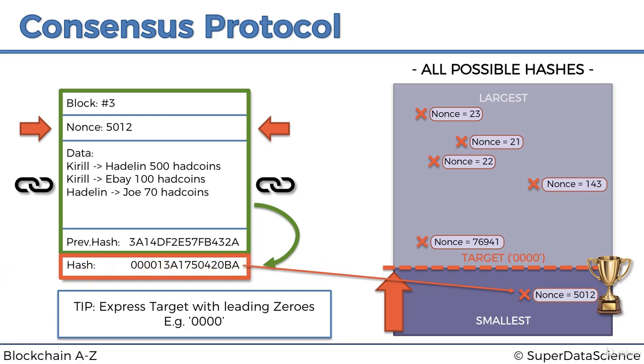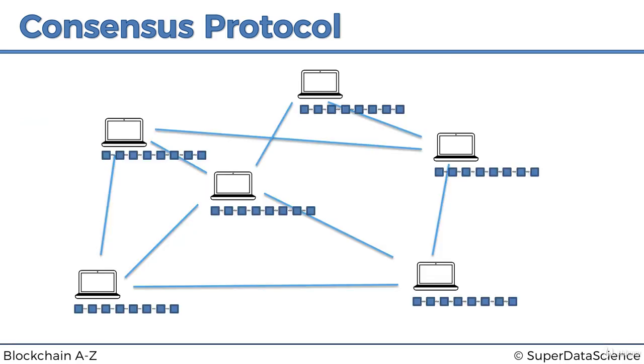So that's the kind of paradox or irony in the cryptographic puzzles, that you're putting in all this work to find this nonce, and then for somebody to verify it, they don't have to do any of that work at all. They just put it into the hash algorithm, and then a second later they got the hash, which you were looking for for a long time, for billions of iterations, and they just take one iteration to verify it.